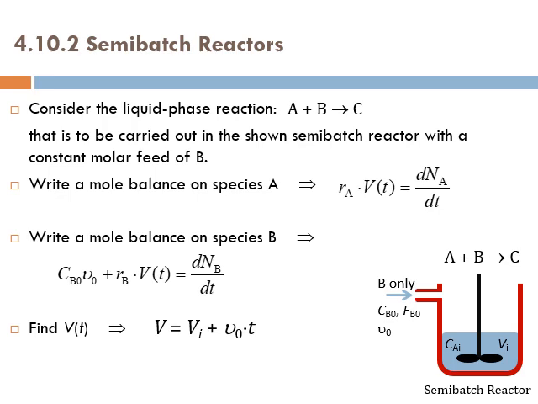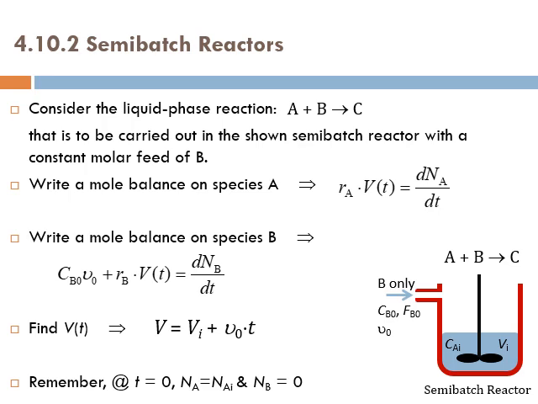Okay, so here we go. These are our equations. Remember, at time equals 0, NA equals NAi, because we have charged all of A at the beginning of the process. So we have A inside the reactor, right? So NA equals NAi.